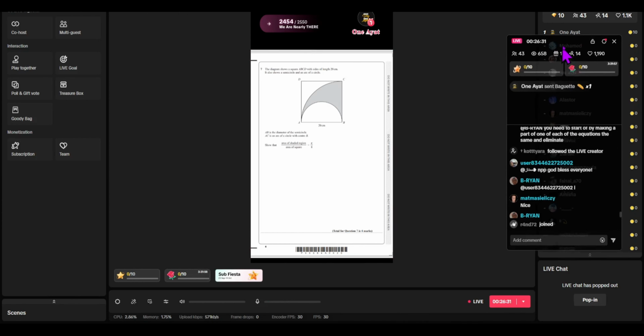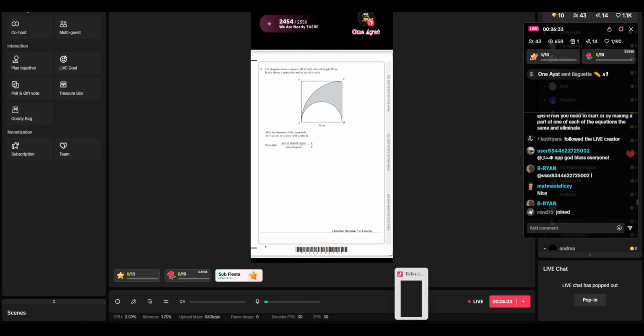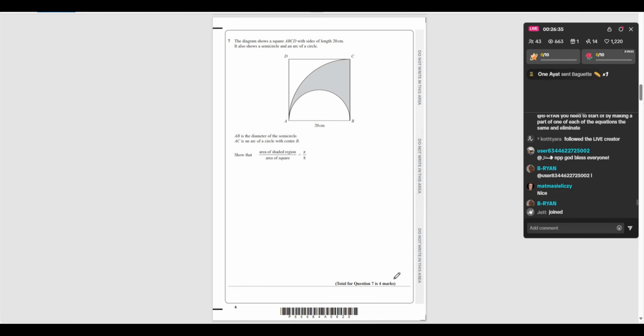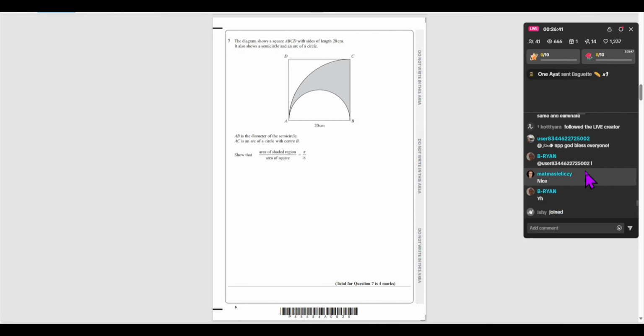Now, this is a long question, but as long as you understand everything, you will get it correct. So first of all, our first step is going to be, we need to find our total area.